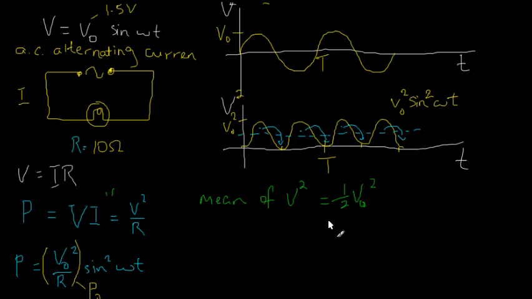So now that we have found the mean of V squared, that gives us a kind of average value of the V squared. I can take the square root of this. Right? If I take the square root of this, I will get the roots.